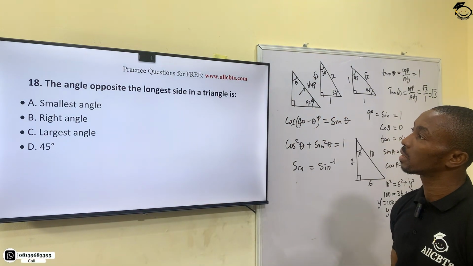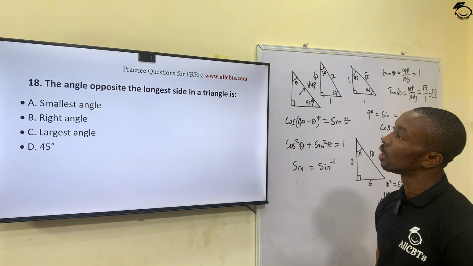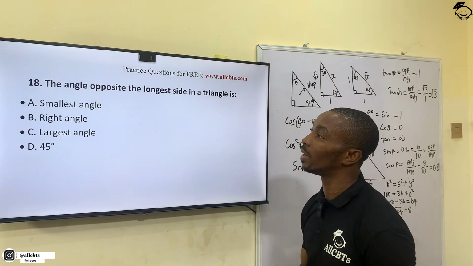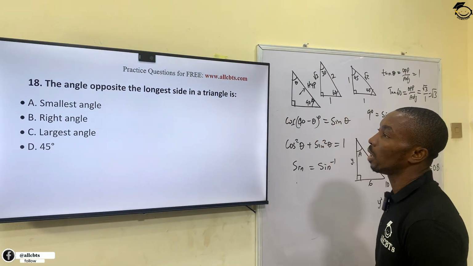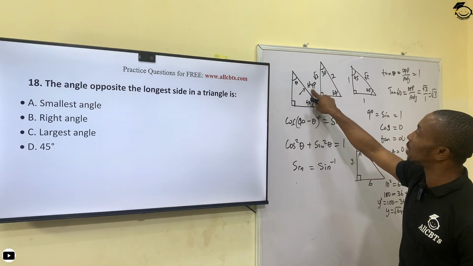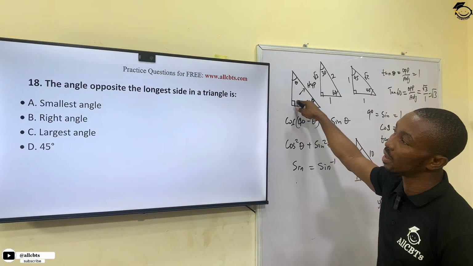The angle opposite the longest side of the triangle is, okay, the angle opposite our longest side. That means the angle opposite our hypotenuse is always 90 degrees.